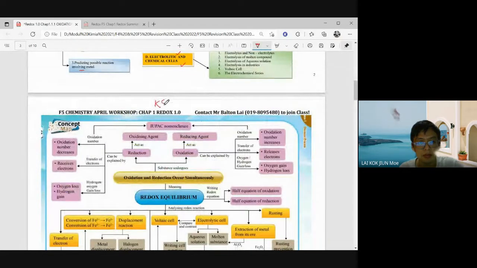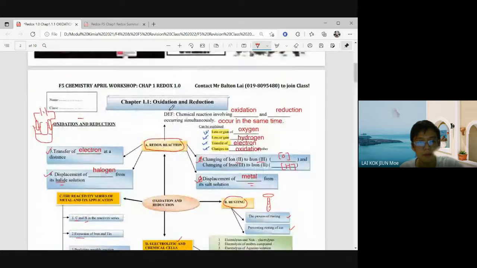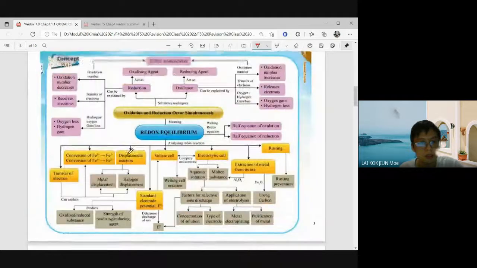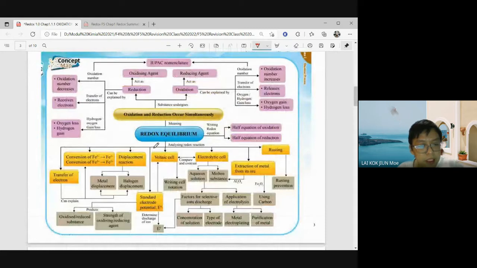This is the latest one, KSSM. Compared with your seniors last time, you have some additional syllabus, which is standard electrode potential, and also the cell notation.